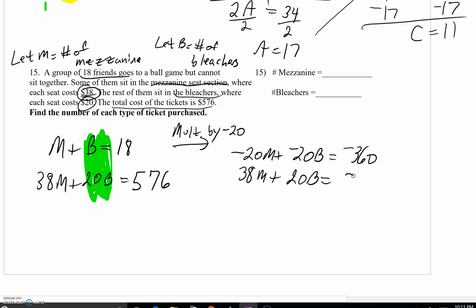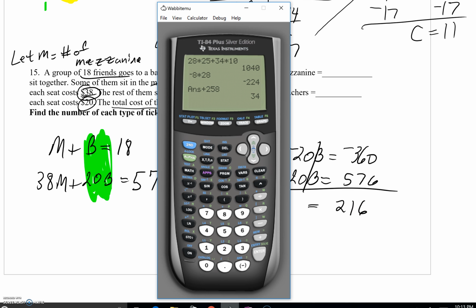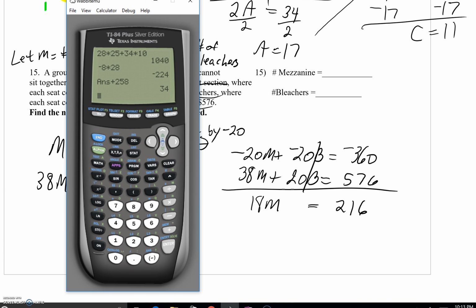But without too much work, I hope you can see that you will be left with an 18M. The B's are going to be gone. And you will have 216 on that right side. Obviously, your next step is to divide 216 by 18, and you'll get 12.